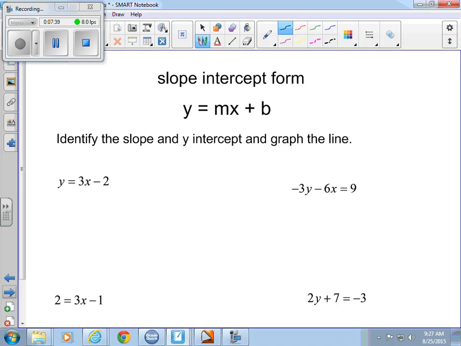Identify the slope and y-intercept and graph the line. So I have 4 lines here. If we can do this, do that. Identify the slope and y-intercept and graph the line.